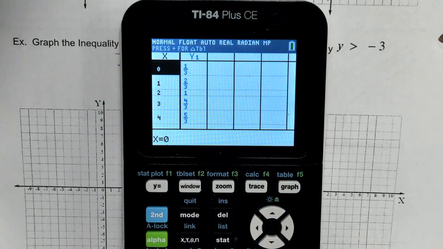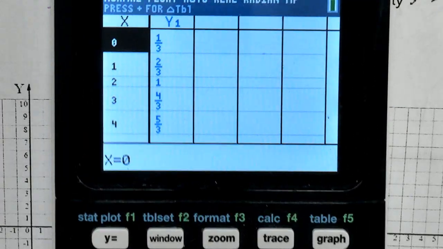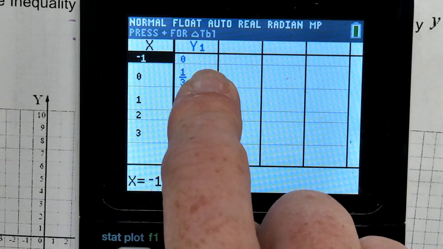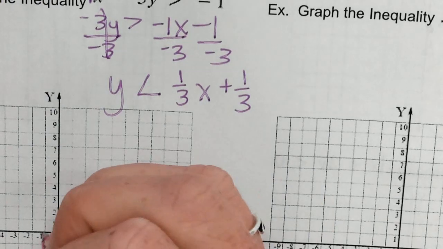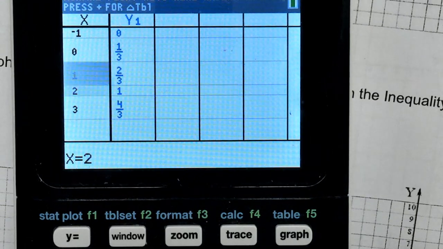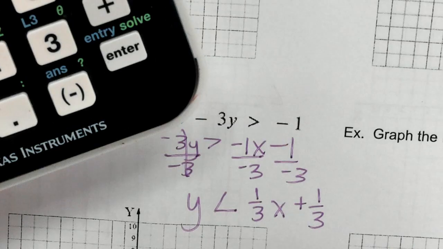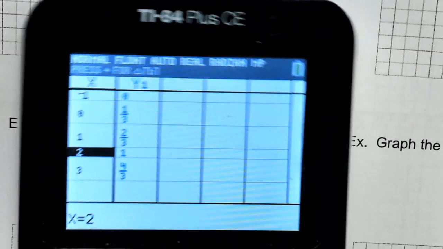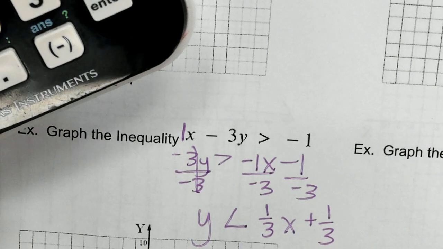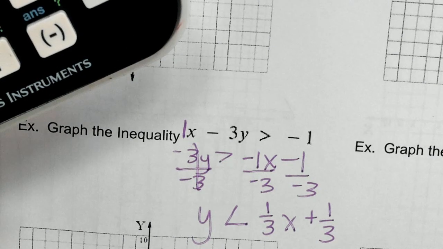Now, would I want to do fractions or decimals? Absolutely not. So I just need whole numbers. Can I graph -1, 0? Yep, so -1, 0. What's the next whole number I can use? 2, 1. What's the next one I can use? 5, 2. Is 3 dots enough? Sure.